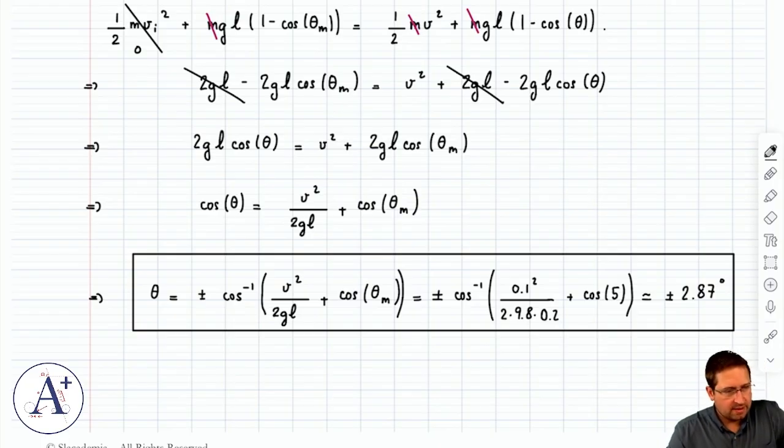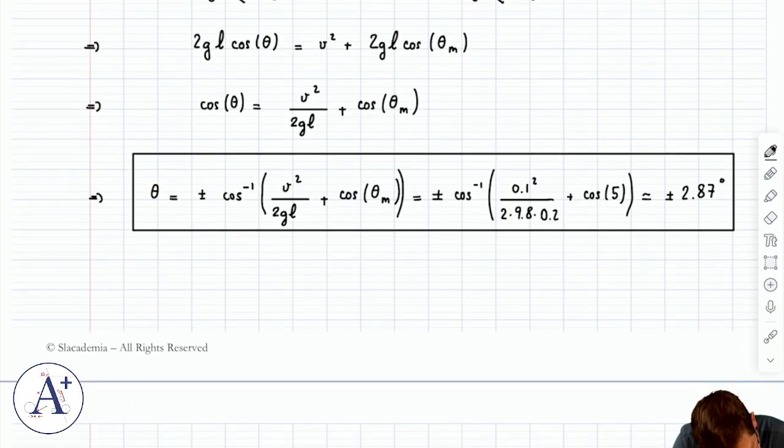Okay. All right, the next question asks, what is the kinetic energy of the mass at those positions? Well, that's easy, right? At theta equal to plus or minus 2.81 degrees, K is just 1/2 mv squared.